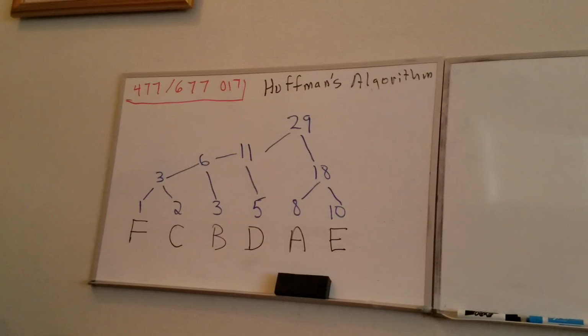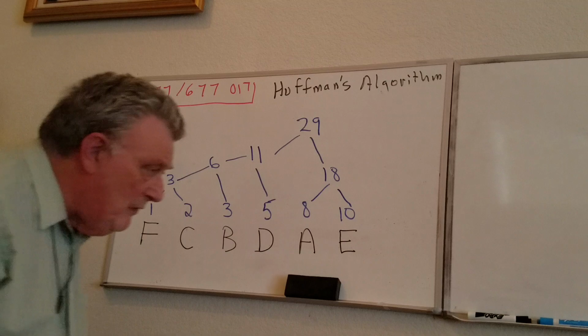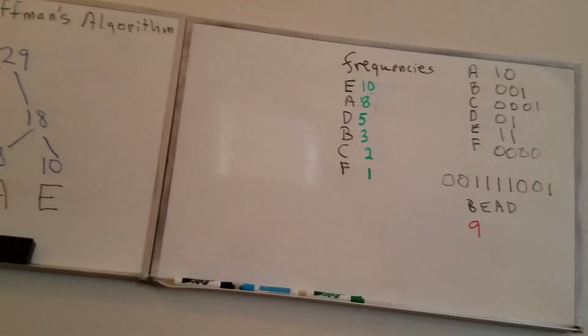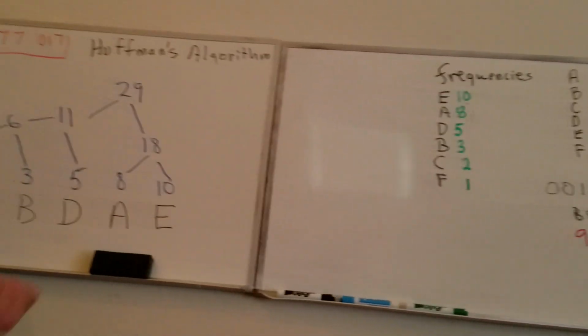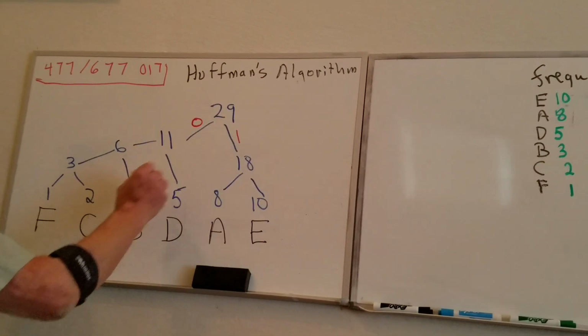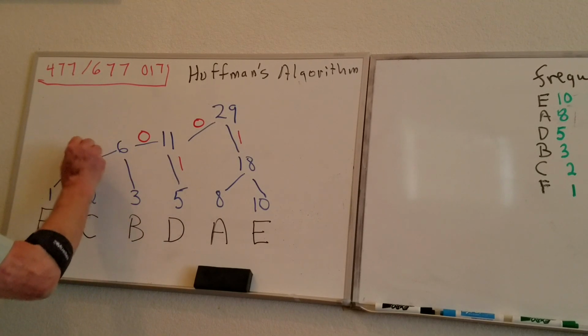Now, what we will do here is use this tree to create a code. Whether we call this 0 or 1 is completely arbitrary. So I'll just say the left one is 0 and the right one is 1.